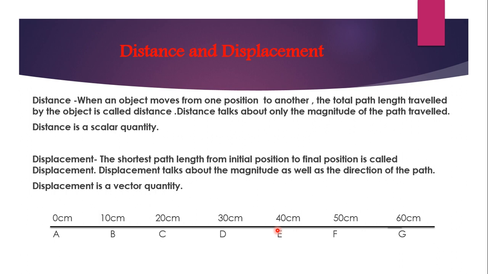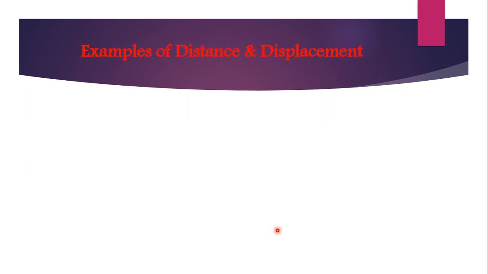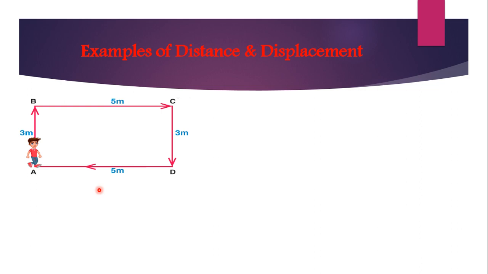We will discuss a few more examples to understand the difference between distance and displacement. Let's take this example. A boy is traveling on a rectangular path, and this rectangular path has a width of 3 meter and a length of 5 meter.